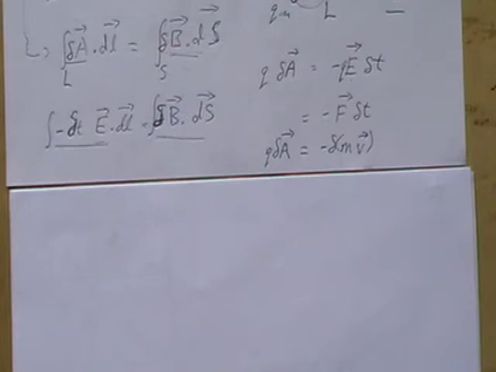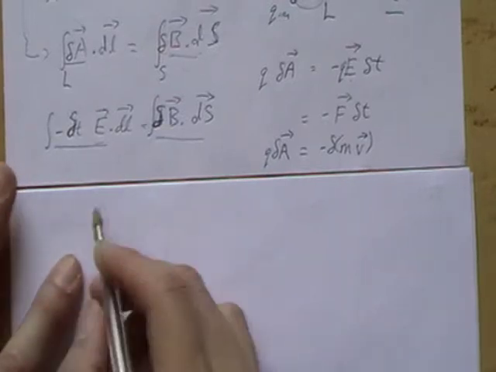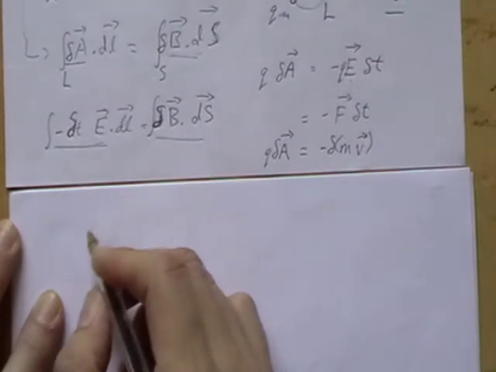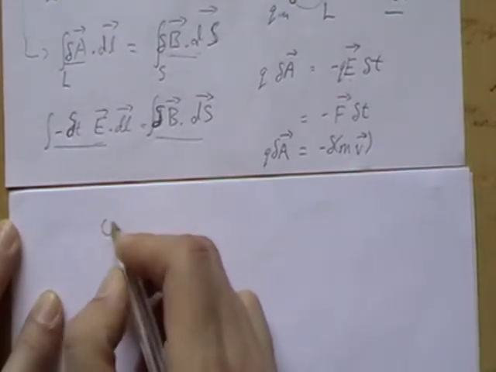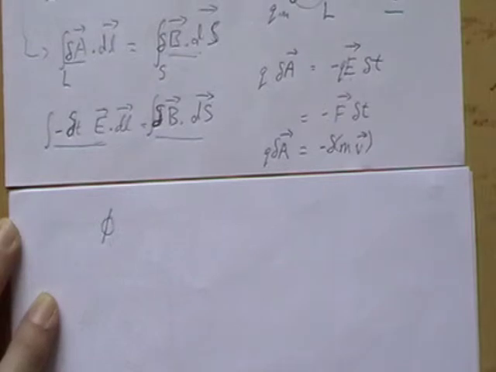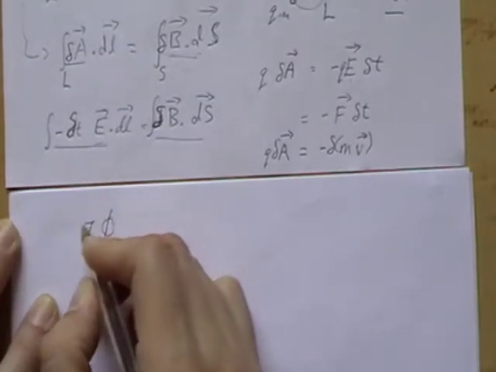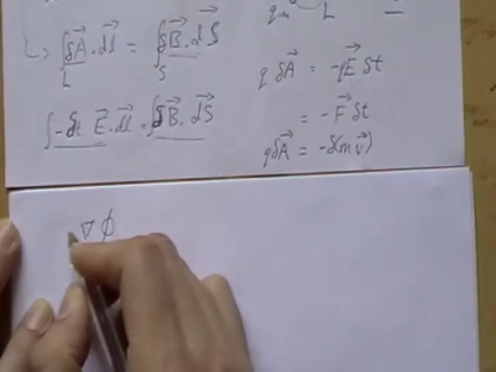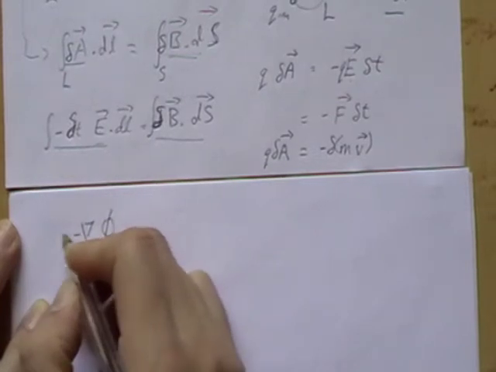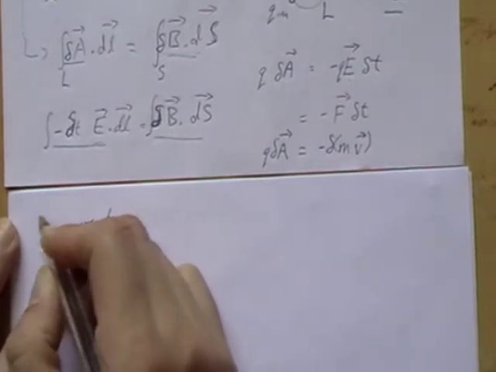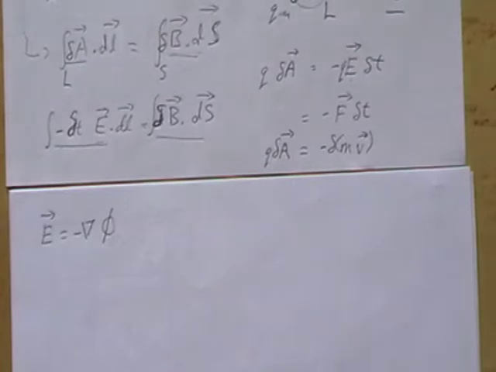Now to clarify this a little bit, let's recall what we know about the electric potential. Remember, the gradient of the electric potential, with a minus sign, is equal to the electric field.